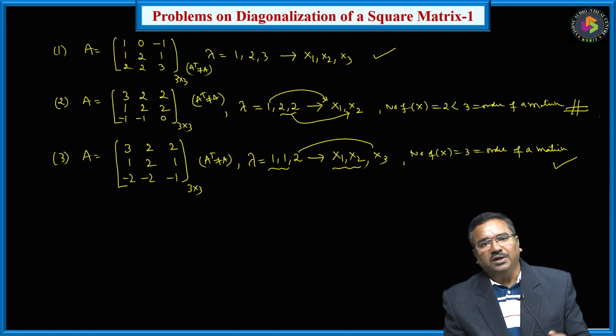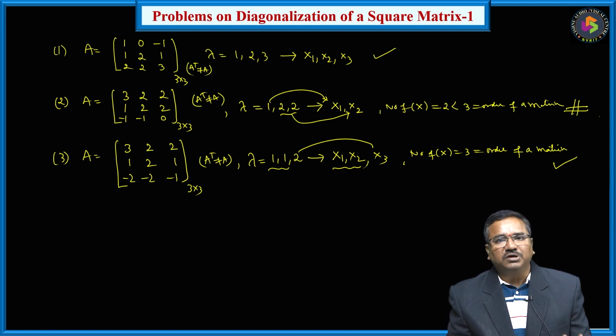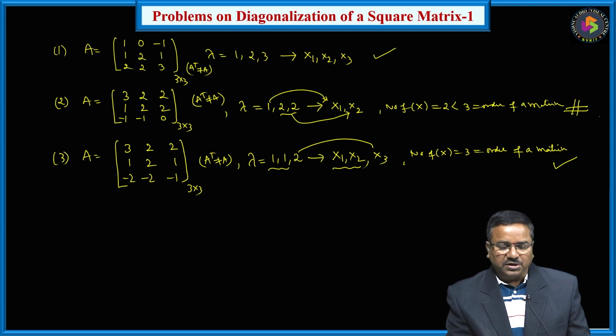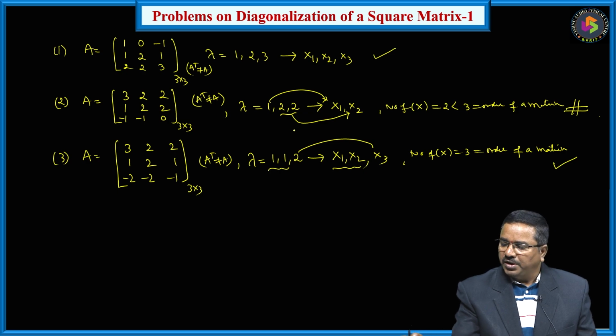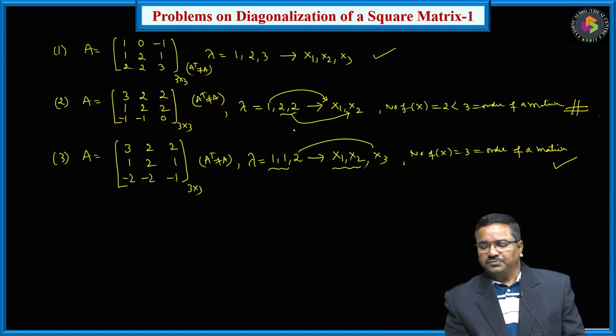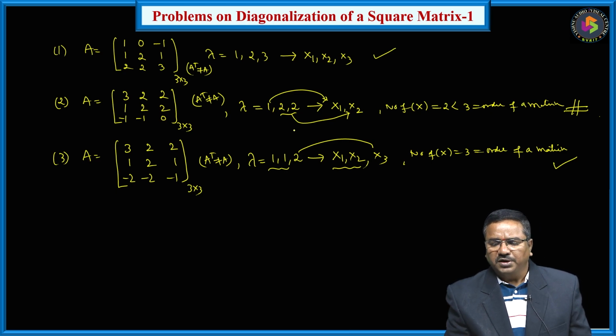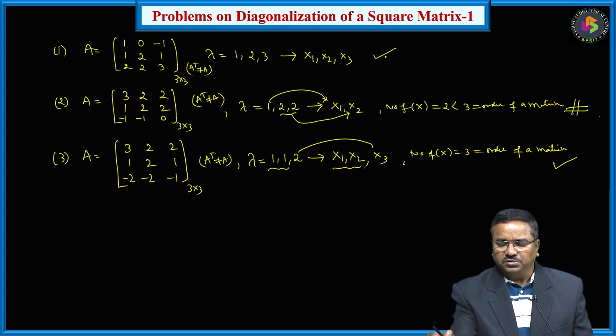So from these 3 examples of non-symmetric matrices, we saw when it is diagonalizable and when it is not, irrespective of whether eigenvalues are repeated. Sorry, I want to once again quickly recap this.